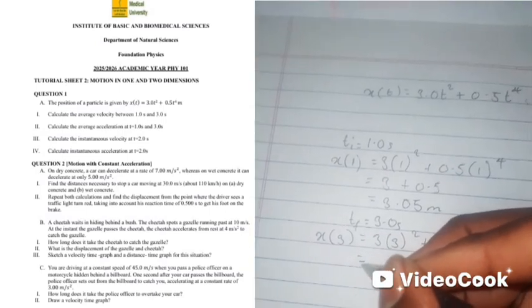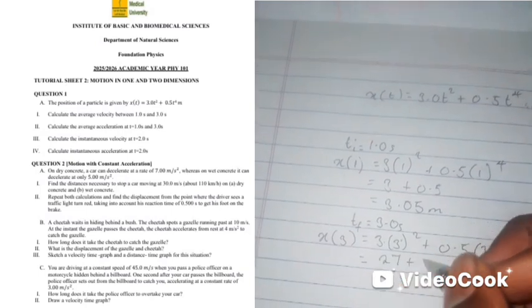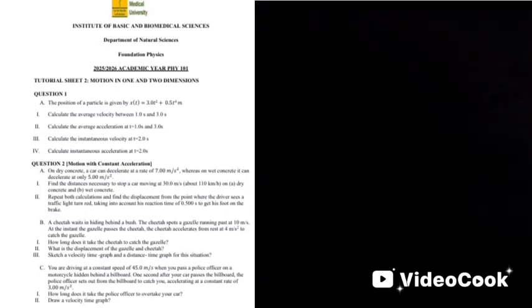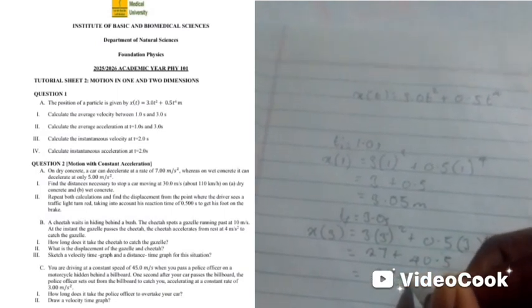Okay, that's going to give us 27. Then 3 raised to the power of 4 is 81, multiplied by 0.5, which gives us 40.5. Adding this together gives us 67.5, which is also in meters.